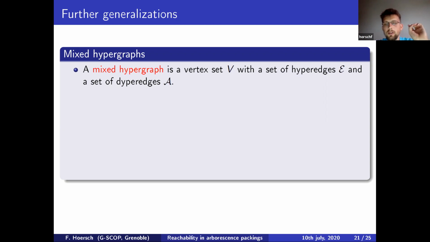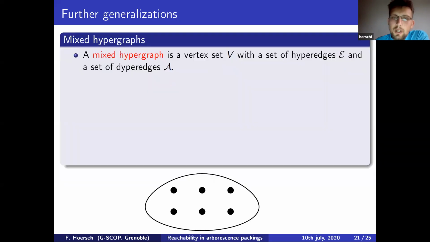I will give you right away the definition of a mixed hypergraph, so the combination of both. So a mixed hypergraph consists of some vertex set, and then it has hyperedges and dipergedges. So a hyperedge is basically just a subset of the vertices of arbitrary size. And for our purposes, its size is always at least 2.